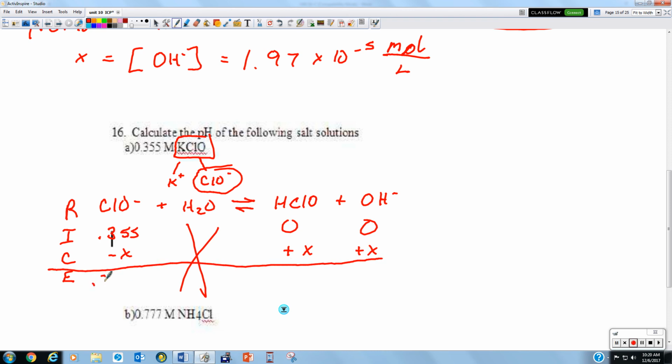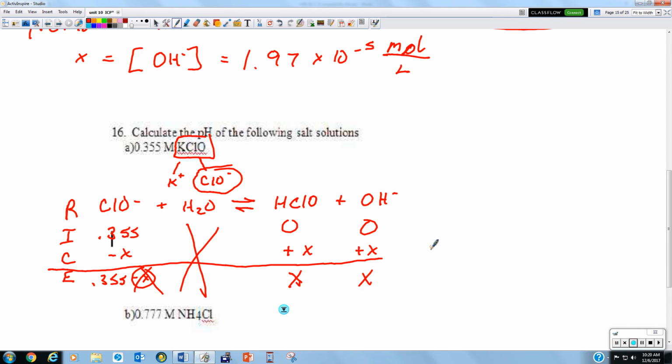So we have 0.355 minus x. We are going to assume that it's less than 5%, and so this is x, and this is x. Now, we need to solve for x.